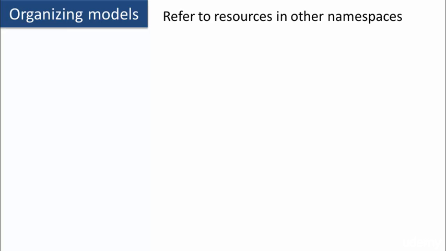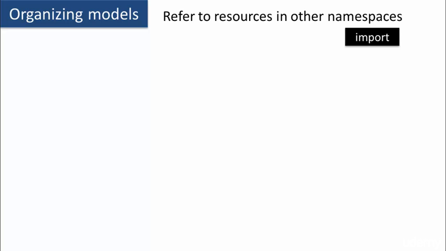As you have seen, resource definitions are spread across multiple namespaces, and there is a need sometimes, in fact many times, to refer to resources from one resource space in another resource space. That can be done by using the import keyword.